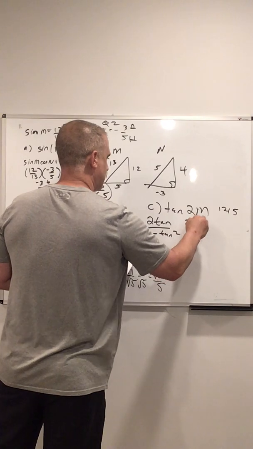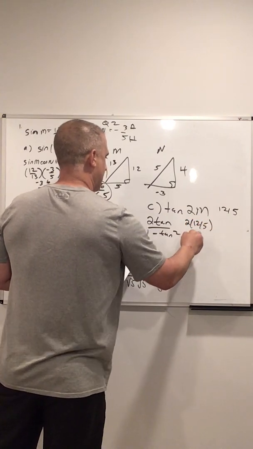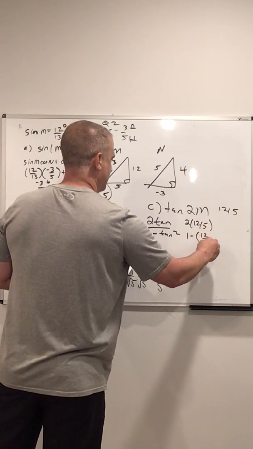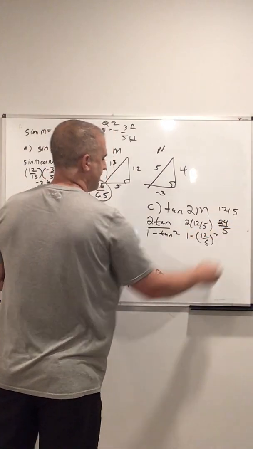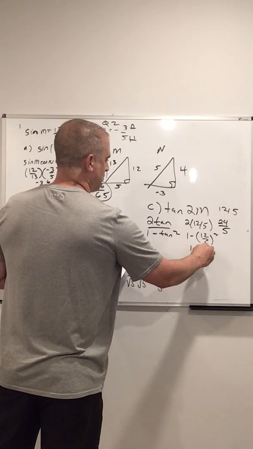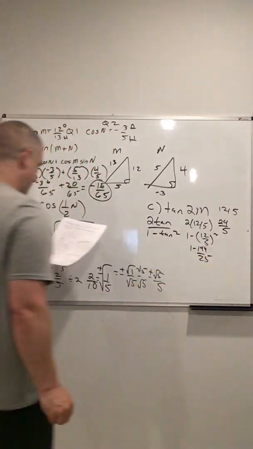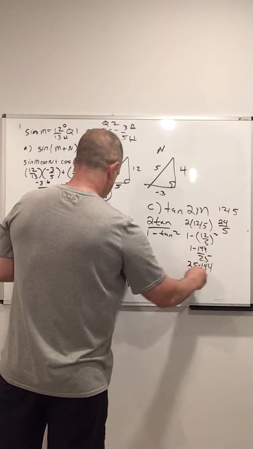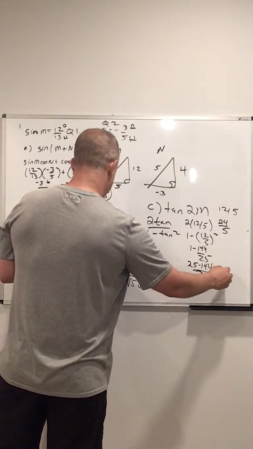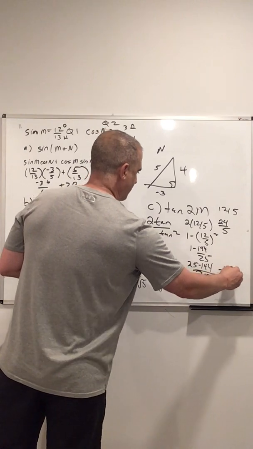So 2 times 12 over 5, over 1 minus 12 over 5 squared. Now you could use a calculator for this. The top part would be 24 over 5. The bottom part would be 1 minus 144 over 25, which turns into 25 minus 144 over 25, which gives me negative 119 over 25.